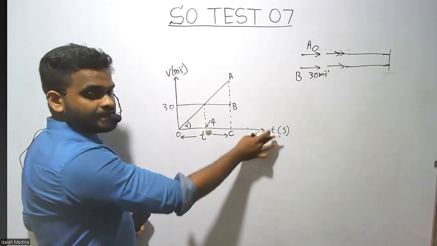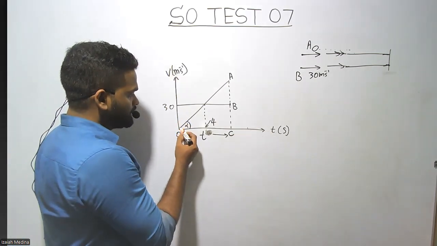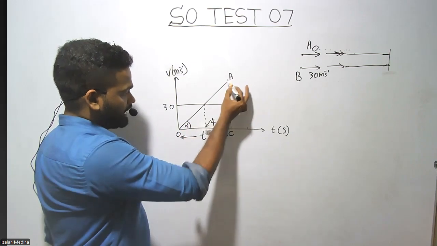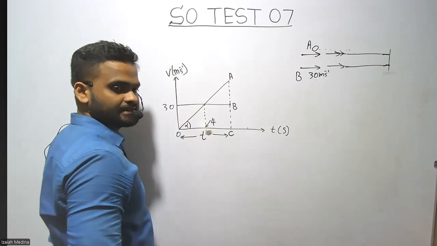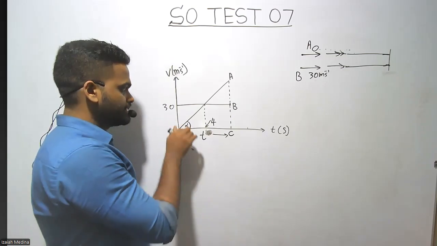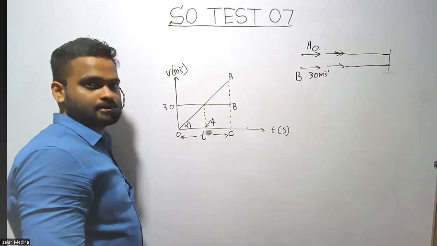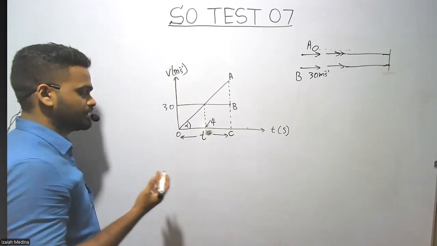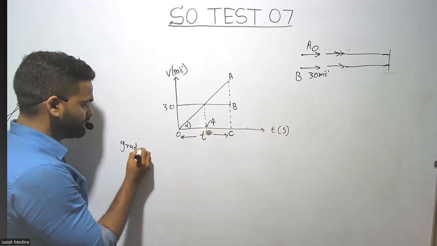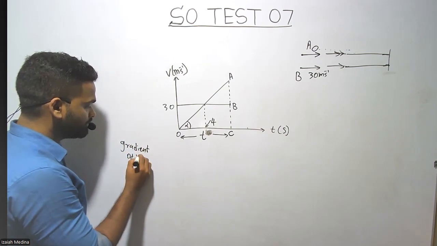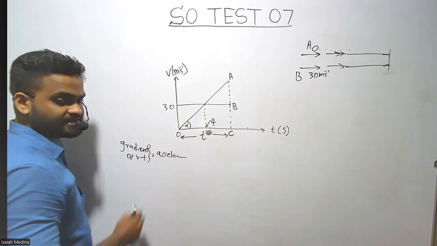So this is a VT graph, a velocity-time graph. As you can see, for car A, its speed is gradually increasing, so it has an acceleration. Since it is linear, acceleration is constant, right? I have to explain that as well. So the gradient of a VT graph is what? Always acceleration.